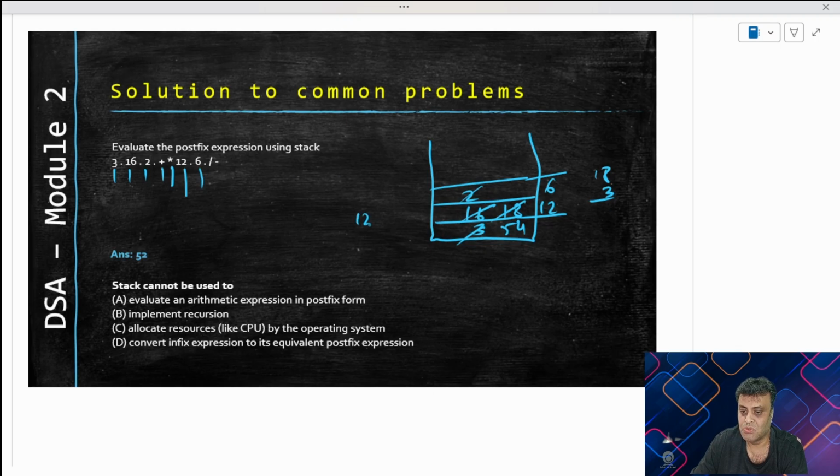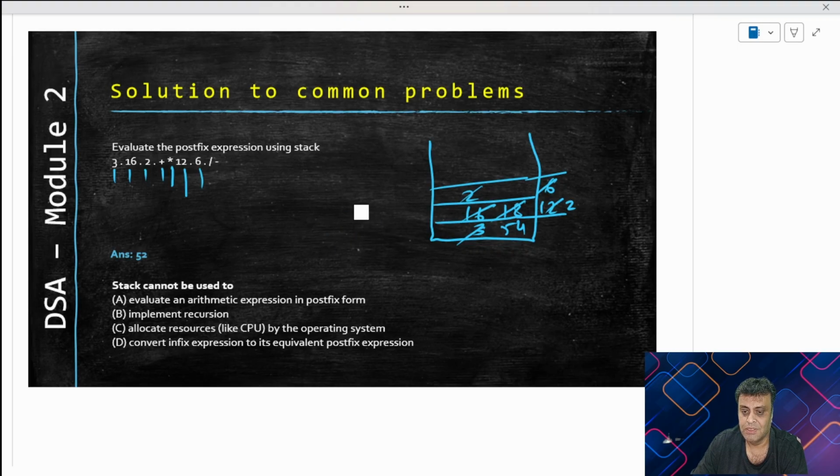So slash means 6 will come here and 12 will come here. This is something that I was doing wrong. Slash will come here, so this will become 2. So these 2 will be popped and 2 will come here, right? So that's how your stack will look like at this stage.